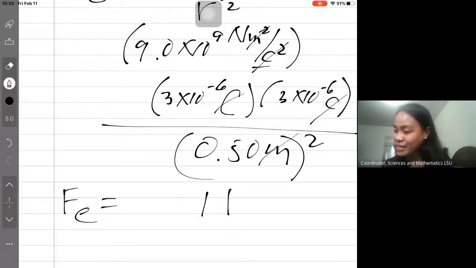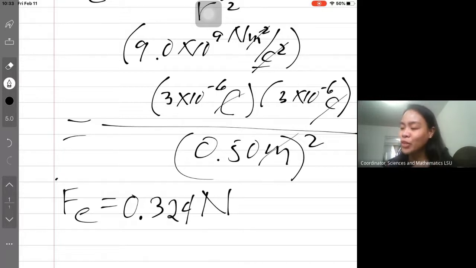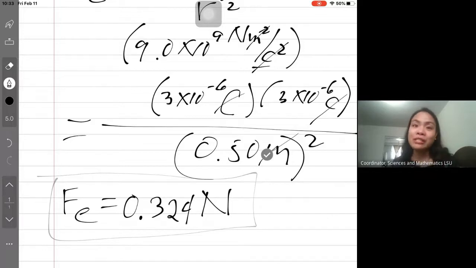Of course, it is in Newton. Get your calculators, kindly compute, just multiply and then divide by 0.5 squared. Never forget to square your 0.5. So our answer would be 0.324 newtons. That is our electric force for our first problem.